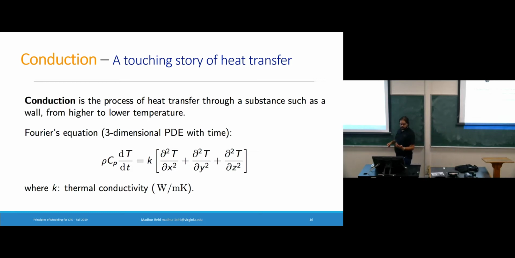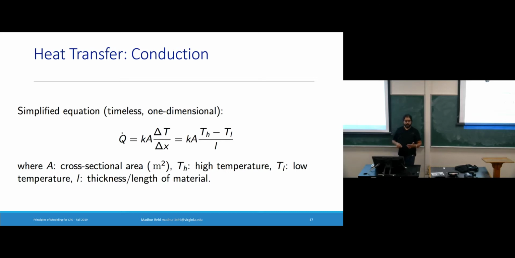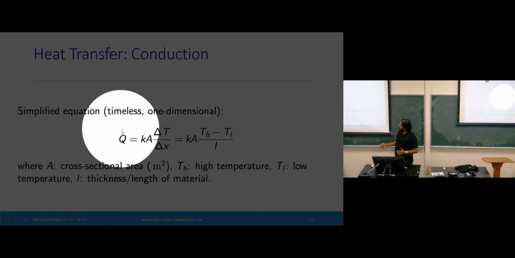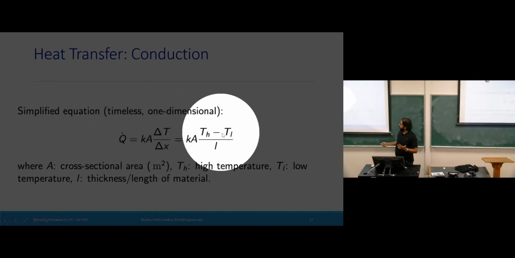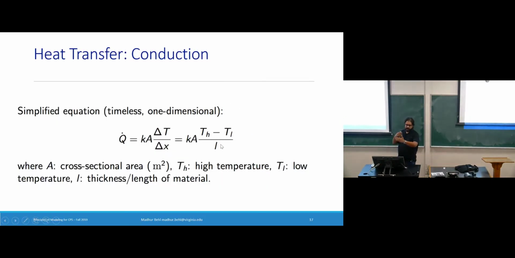What we will use is an approximation. We make assumptions that really what we want to know is the heat flow from the outside of my boundary to the inside. So I maybe really don't care how temperature is distributed on this 2D surface. I'm going to simplify that equation into the following form: the heat flow due to conduction is some property of the system times the temperature change through some depth of the wall or length of that material.